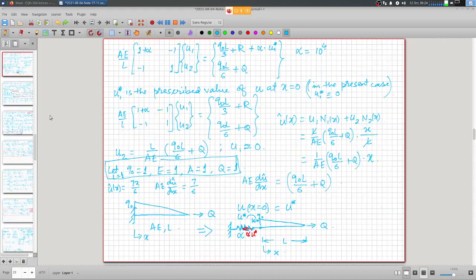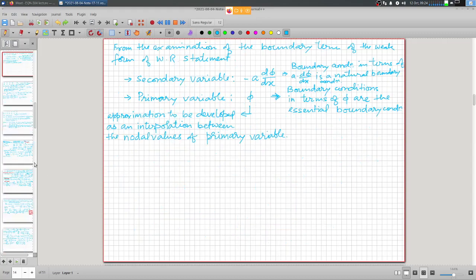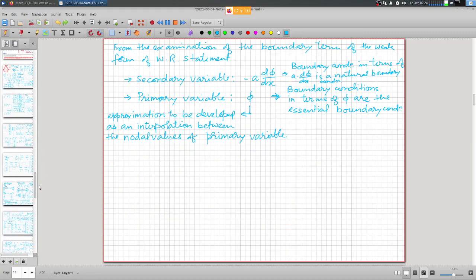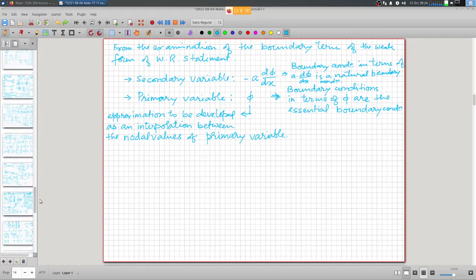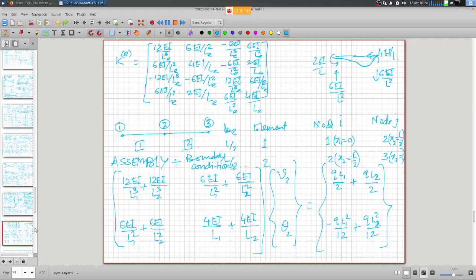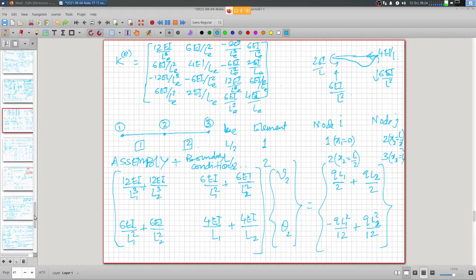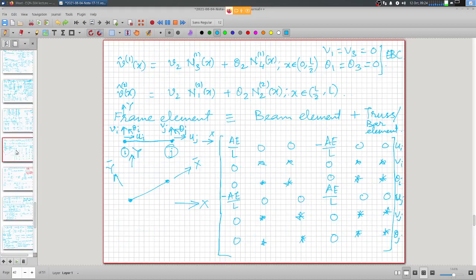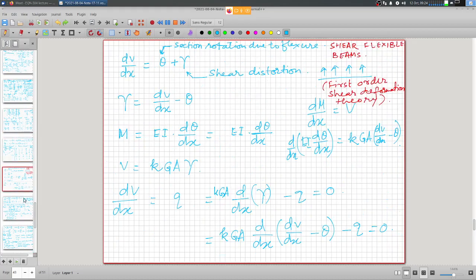So this is the shear strain, dV by dx minus theta. So total slope of the deflected shape is section rotation plus shear distortion, right?